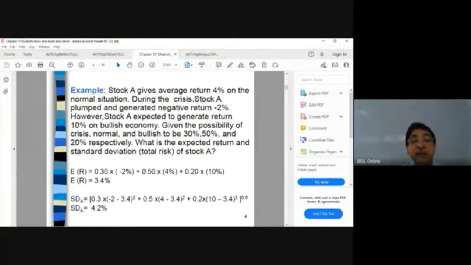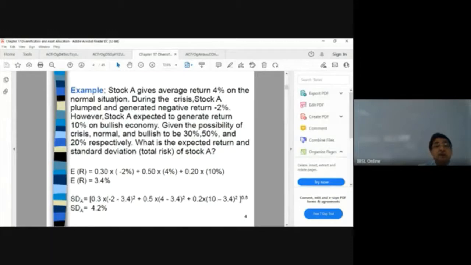Stock A gives average return of 4% on the normal situation. When the normal situation is there, stock A gives a return of 4%. Normal situation 4%. Then stock A plummeted and generated negative return -2%.